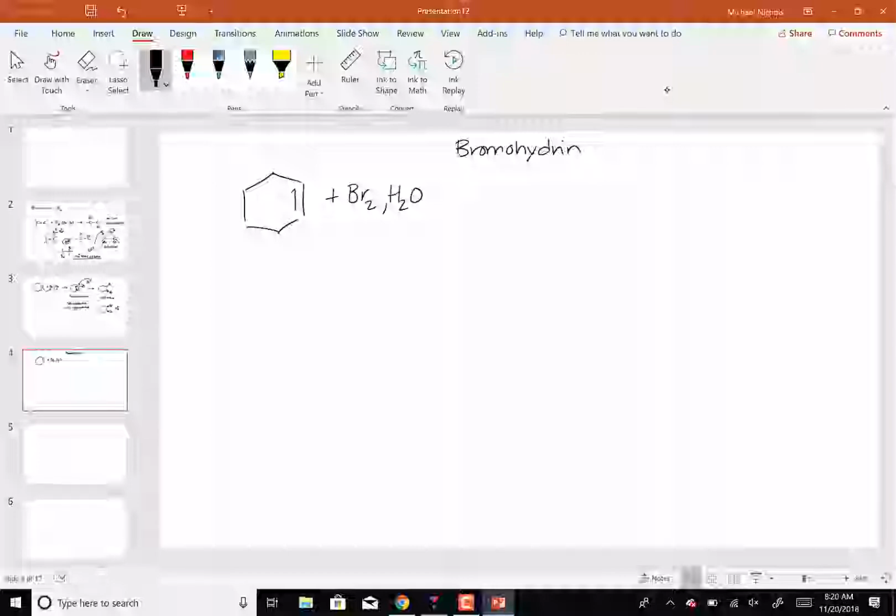And so now if I look at my mechanism, I'm going to have my Br, I'm going to have my pair of electrons from the double bond come out to the bromine and form a Br minus. And so I'm going to form my bromonium ion as my intermediate.